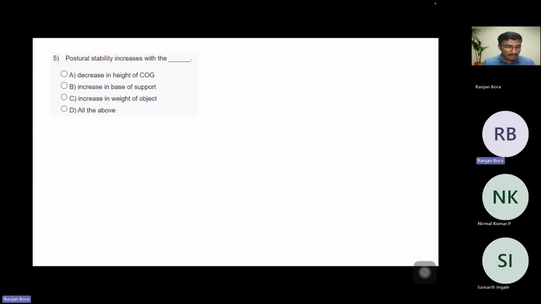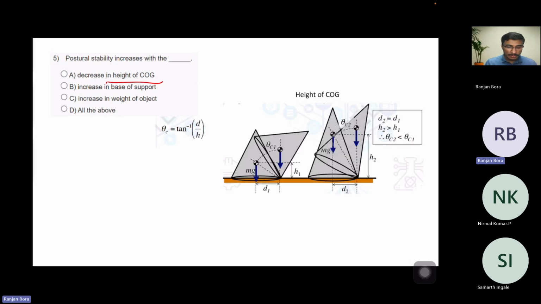And postural stability increases with the... First we'll see what happens to the postural stability if the height of the COG decreases. Stability is represented using this triangle.